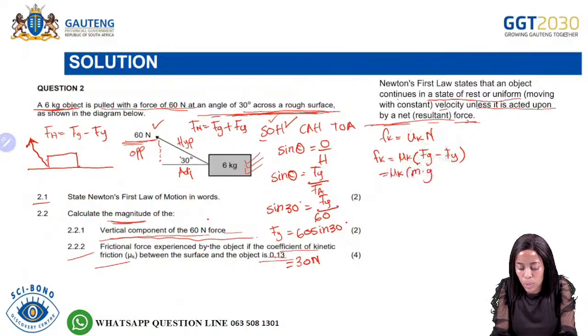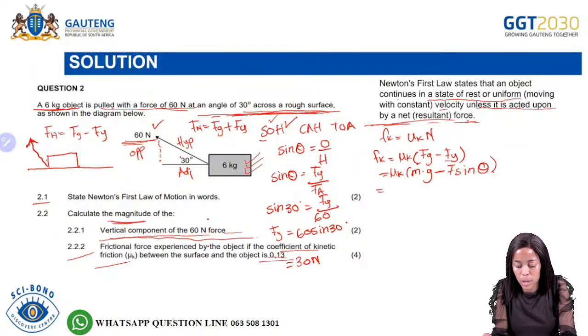And then when you break down the Fy into your components, then what are you going to have? You'll have F sine theta. So from there, you have broken down your formula, so it means that you can now be able to substitute into the formula.